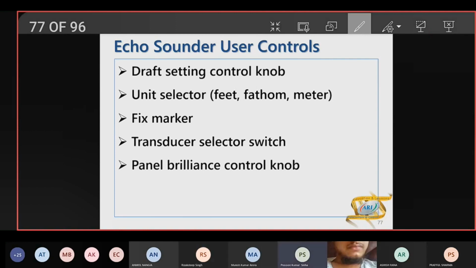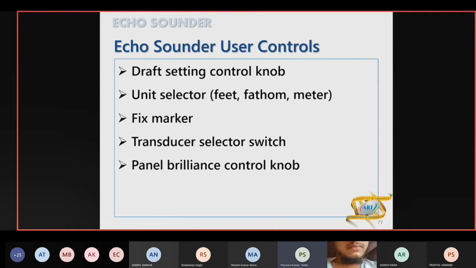Then transducer selector switch. In the ships, when you have two transducers, one to read the forward draft, other to read the aft draft in long ships, you can select the particular transducer. You have one recorder.